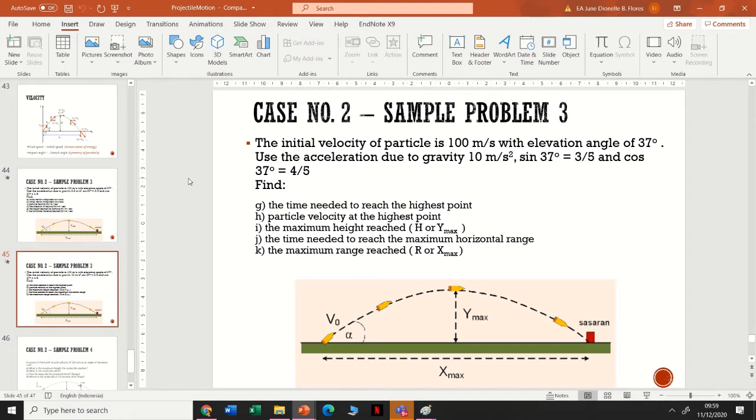Now, if we consider the horizontal dimension to solve for the time, we actually don't know the value yet for the delta x. What do I mean by that? The delta x, or the distance from the starting point until halfway of the trajectory, is not yet given, because this is the equivalent distance with respect to the highest point.